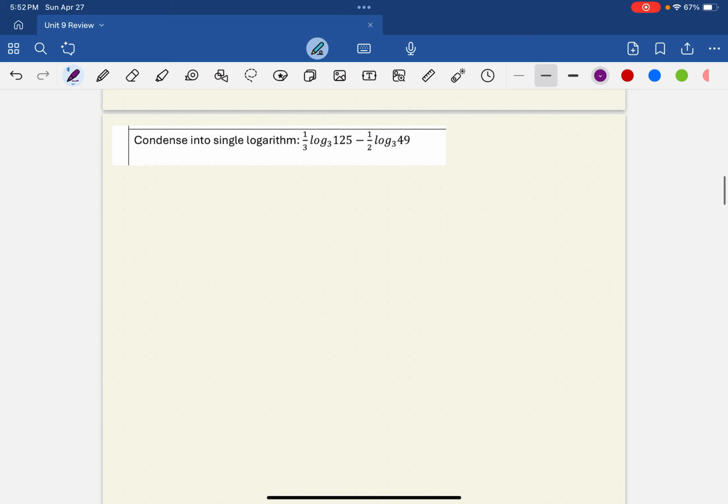Okay, same process. So condense into a single logarithm. So this time we have 1/3 log 3, 125 minus 1/2 log 3, 49. So let's go ahead and raise these to powers on their numbers.